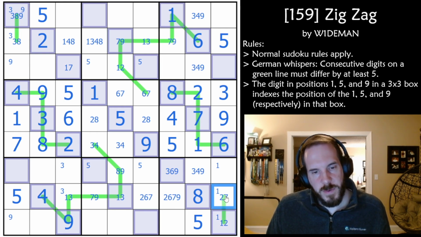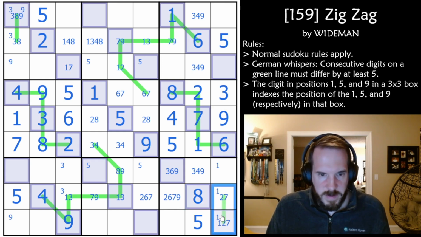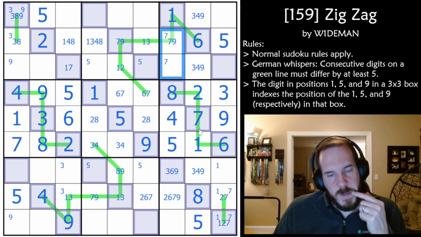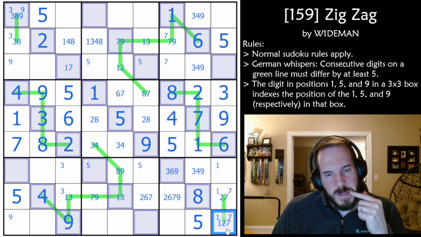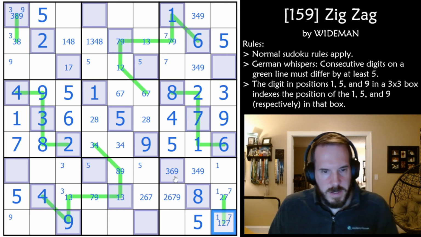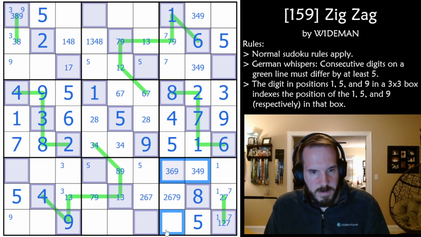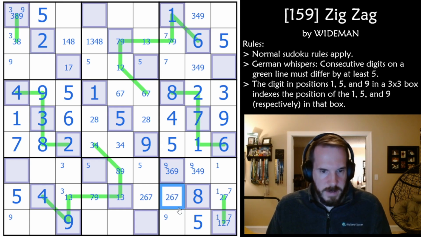And if this is a 2, it can't be 8 or 9, so this would be a 7. So we do need a 7 here, 7 there, so one of these 2 is a 7. Okay, so our 9 in this box is in one of these 3 positions. So 9 is in one of those, so this is not a 9.